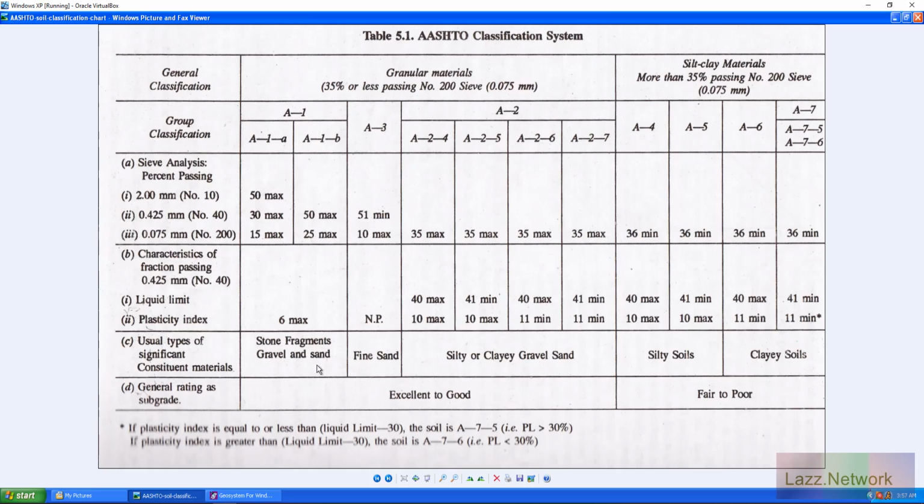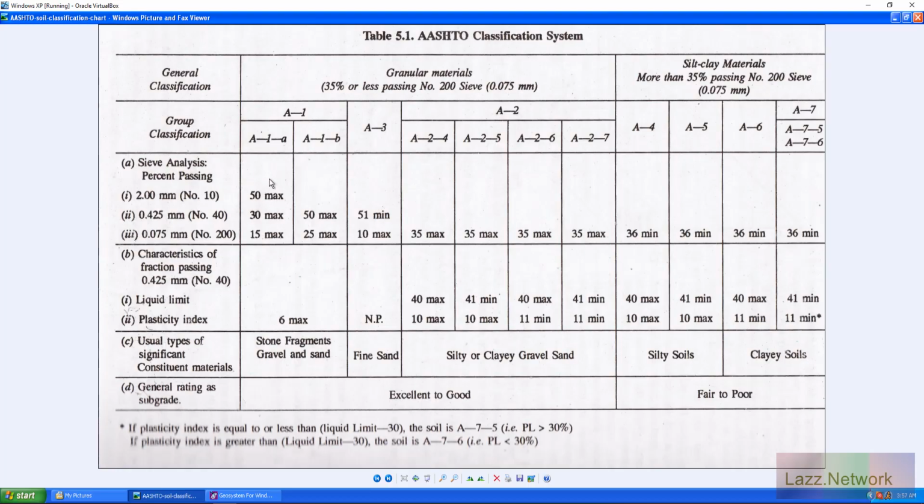That's the reason why you can see for the percent passing, 50% is your maximum that can pass. If we think about the unified class system, how it's based on 50% from your sand to gravel, that's indicating that your number 10 sieve can't have any more than 50% passing. If it's very, very rocky, you're probably only going to have like 20% passing or something along those lines.